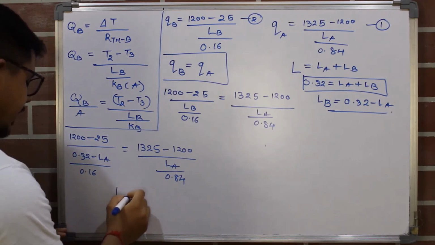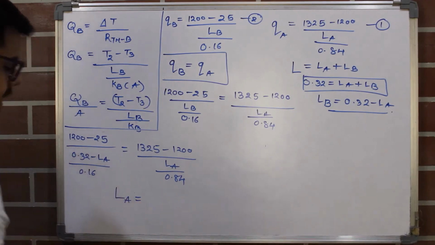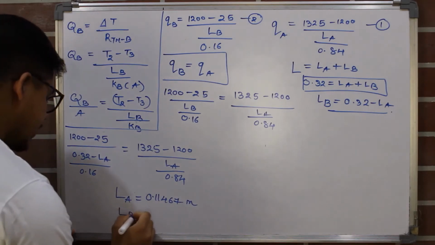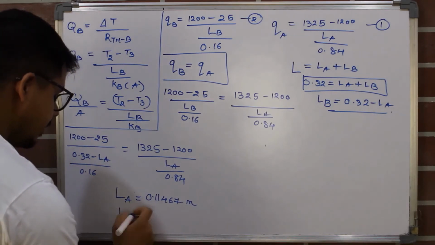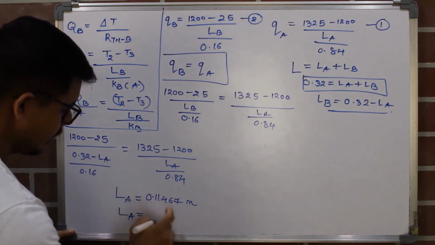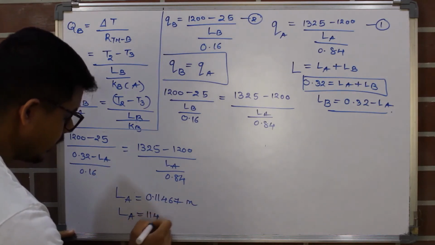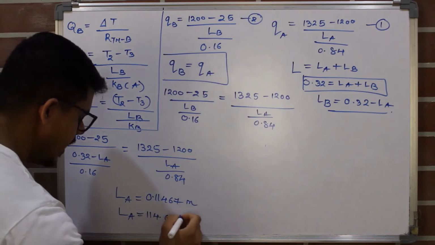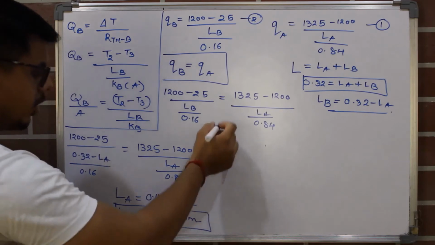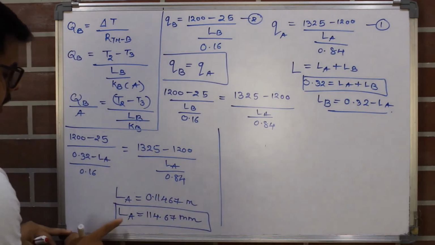It is simple maths, and you will get LA as 0.11467 meter, and we will convert it into mm. So it will be multiplied by 1000, so it will be 114.67 mm. So this is the thickness of wall A, the fire brick.